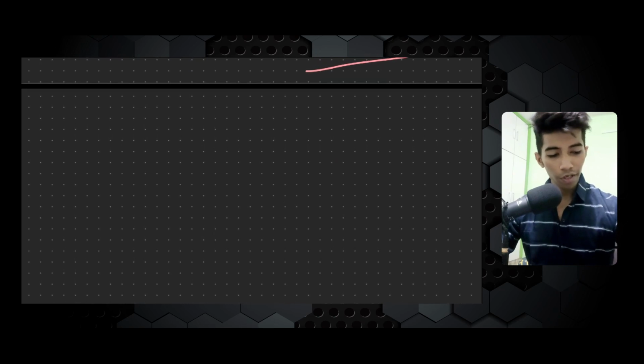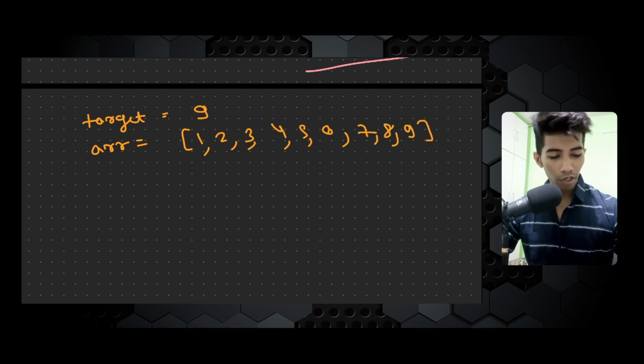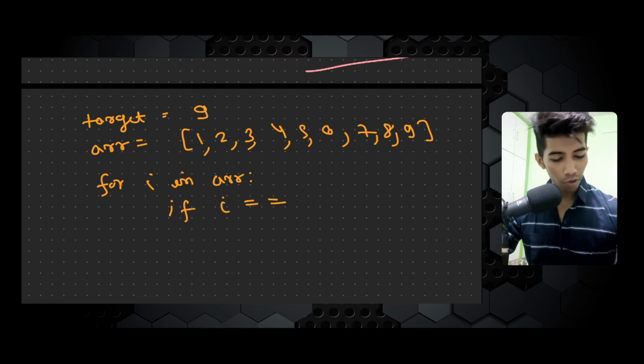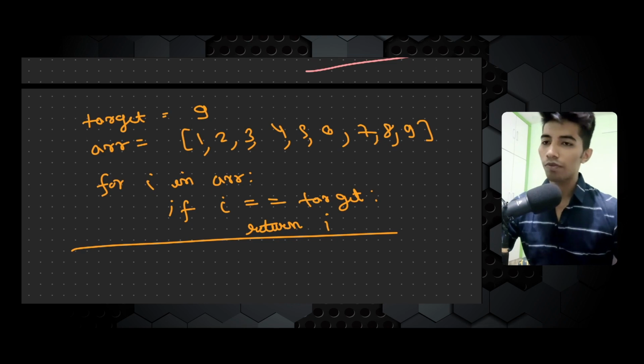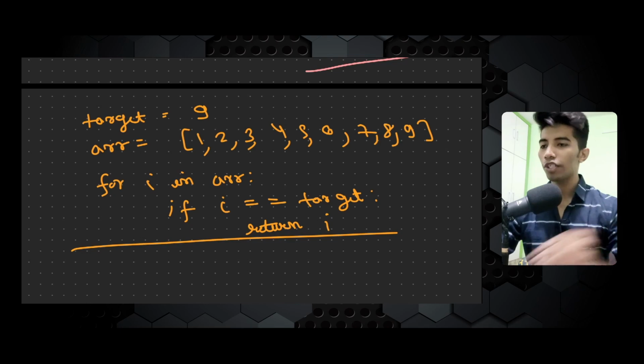Let me suppose your target is 9 and your array is 1, 2, 3, 4, 5, 6, 7, 8 and 9. Then for i in array, if i is equal to target, then just return i. This is a very simple implementation of linear search. Like this we are doing the searching.